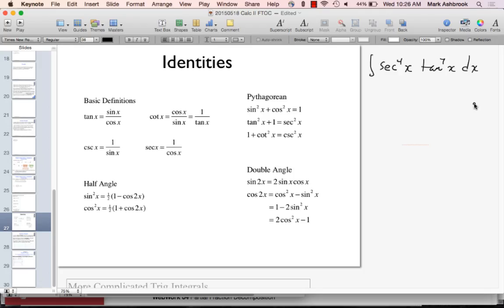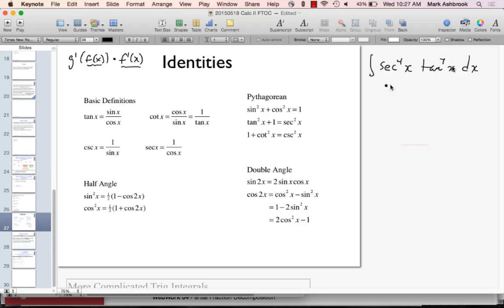So we want to think about setting up, undoing the chain rule. To set up, remember in the chain rule, we have something like this. If we're going to undo the chain rule, we're thinking about something like that. So we need to be on the lookout. If this is a trig function, then this is a trig derivative, right?